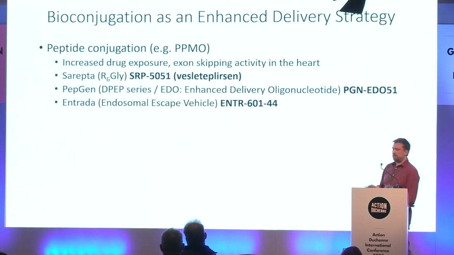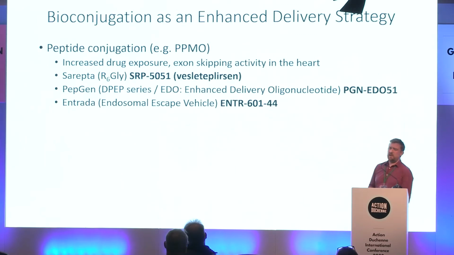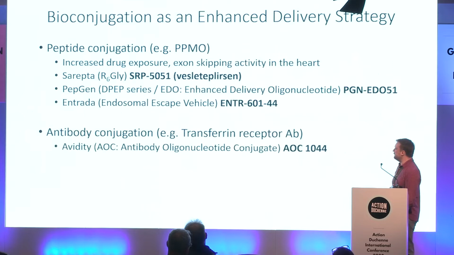PepGen, which was founded by my mentor, Matthew Wood, is in phase 1 currently, and Entrada has a similar technology. The key thing about PPMOs is that they are much, much more potent than unconjugated naked PMOs, and they also show activity in the heart, which I think everyone in this room knows is really an important challenge for treating DMD.